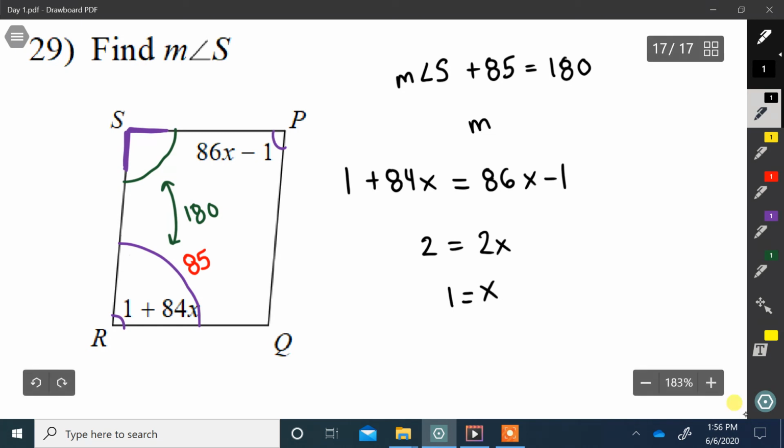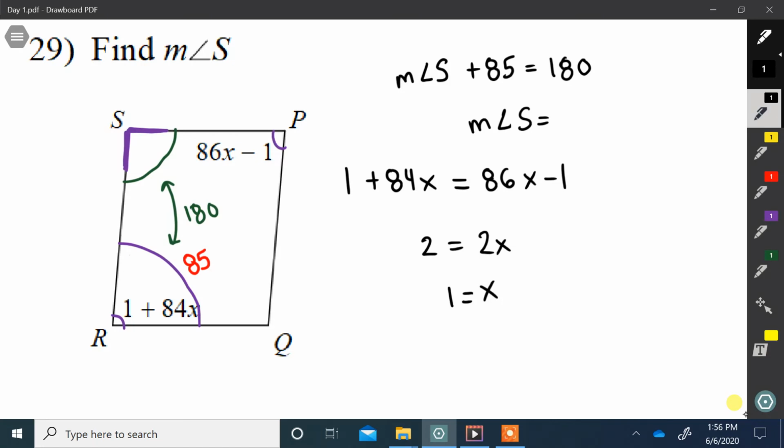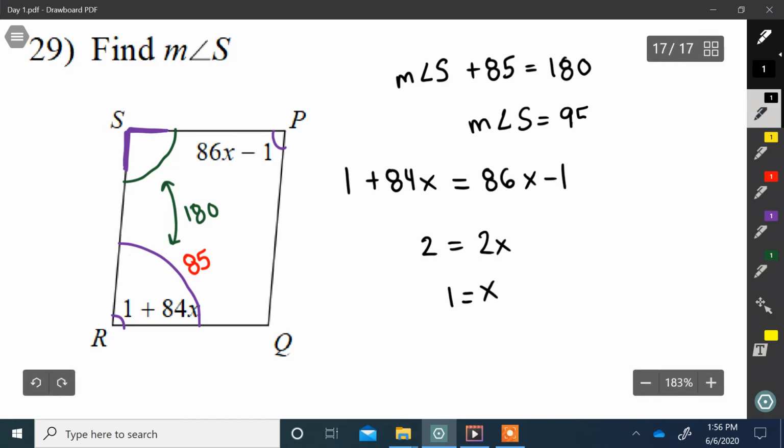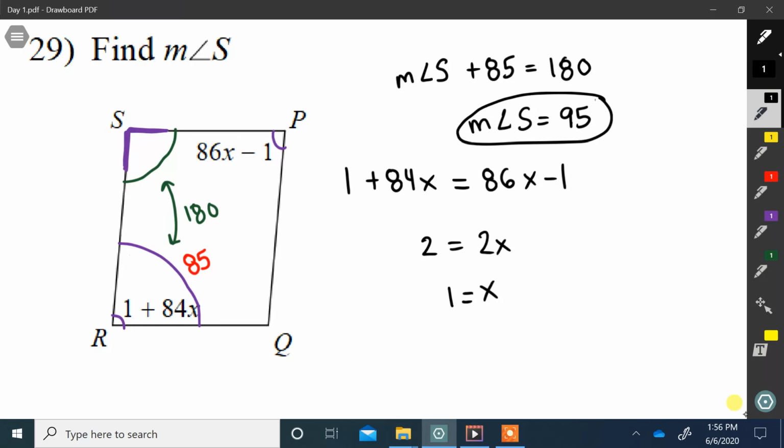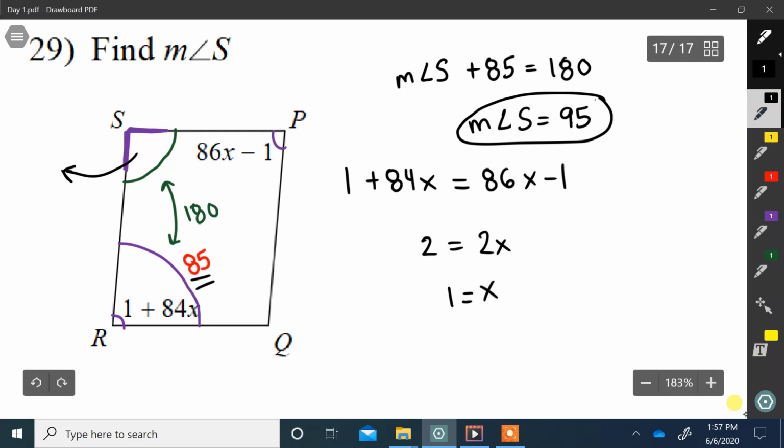So all I have to do really, not make this too complicated, I just have to subtract 180 minus 85, and that gives me the answer, which is 95. Okay, so if this was 85, and those two add up to 180, to figure that one out, all I do is subtract 180 minus 85, and that gives me the 95 that I'm looking for.